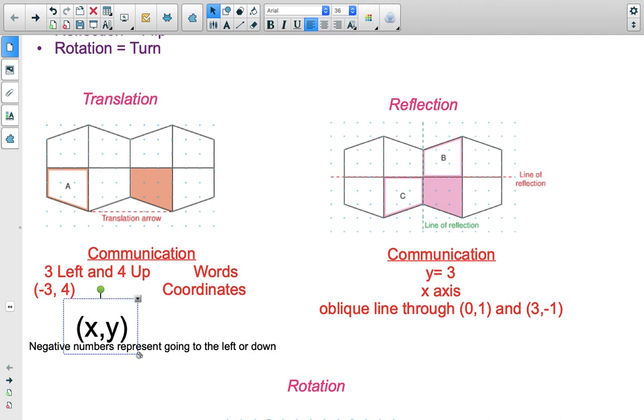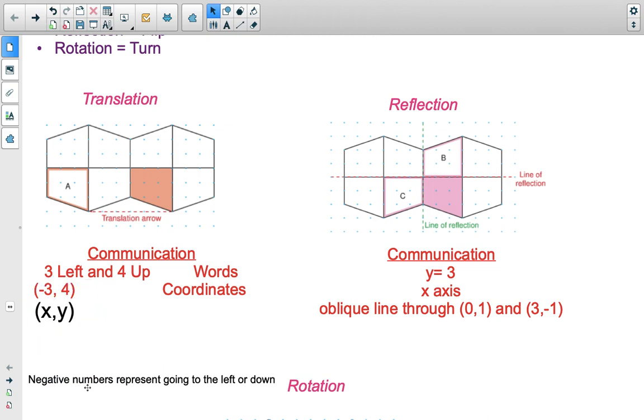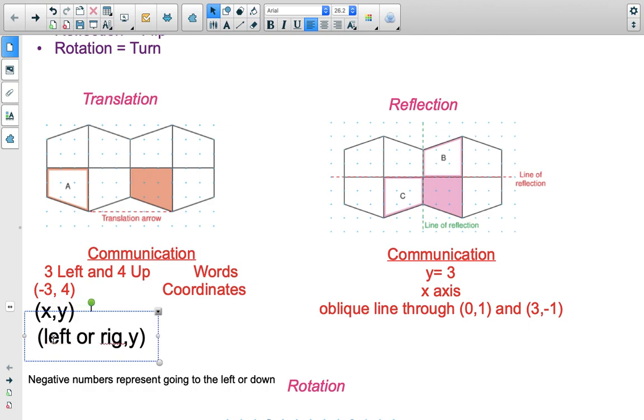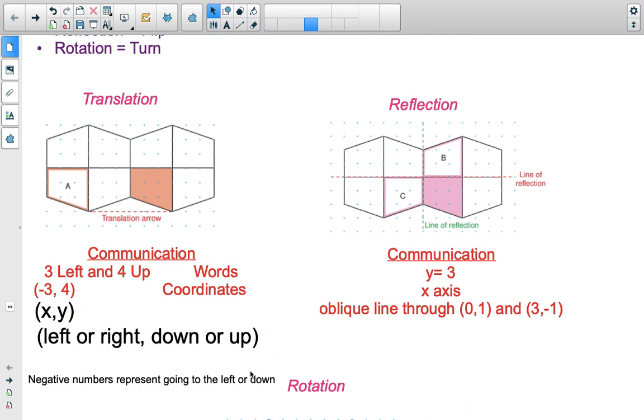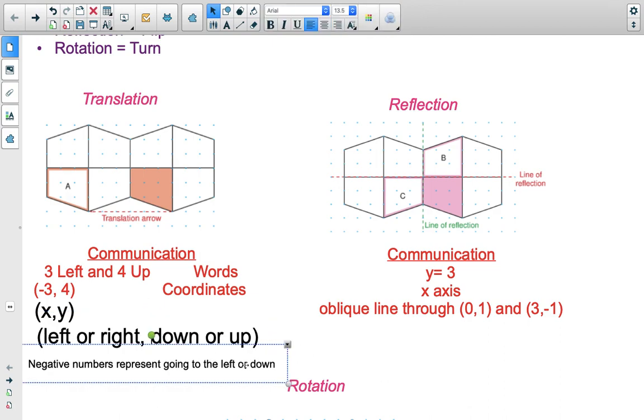The first number has to be left or right. The second one has to be up or down. Again, if it's negative, it's going left or down. If it's positive, you're going to the right or up.